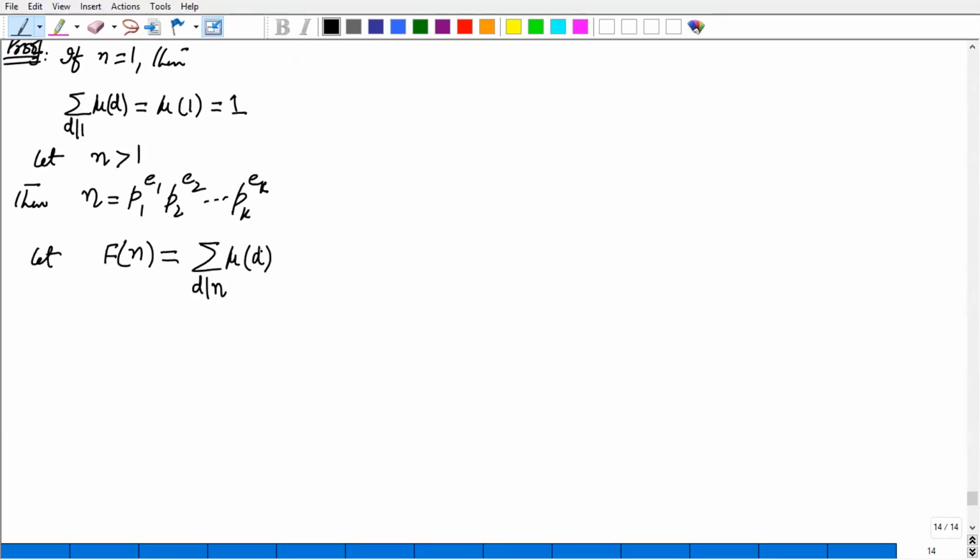And we know that mu is multiplicative. So if mu is multiplicative, it means F is also multiplicative.